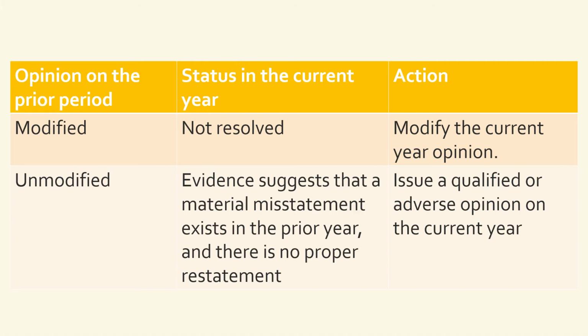If the opinion on the prior period of the corresponding figure is unmodified and evidence suggests that a material misstatement exists in the prior period and there is no proper restatement or correction, then even the current period will receive a modified opinion. So with corresponding figures, because they are an integral part of the current year, whatever happens to the corresponding figures will also have the same impact on the current period.